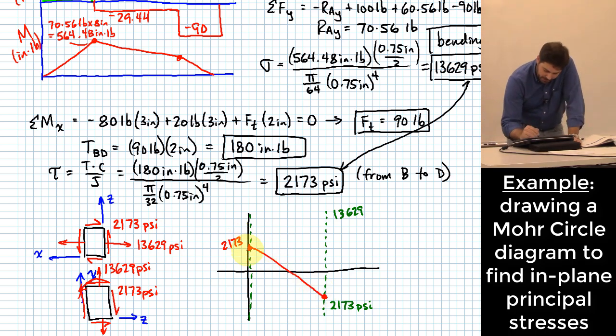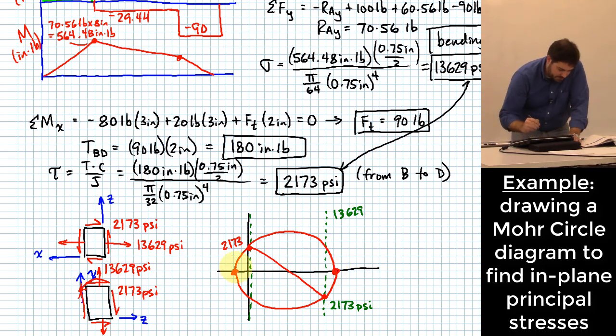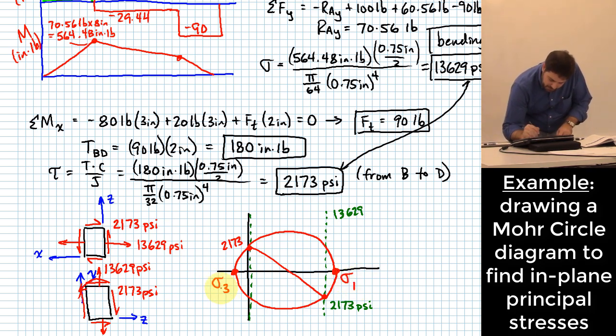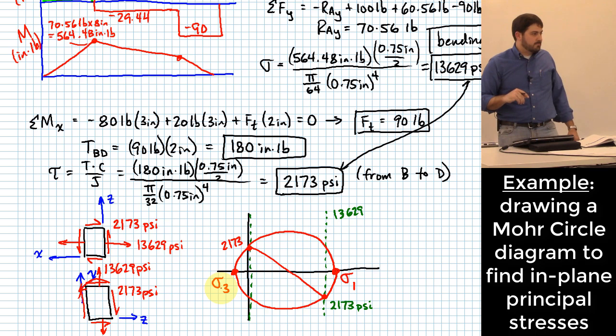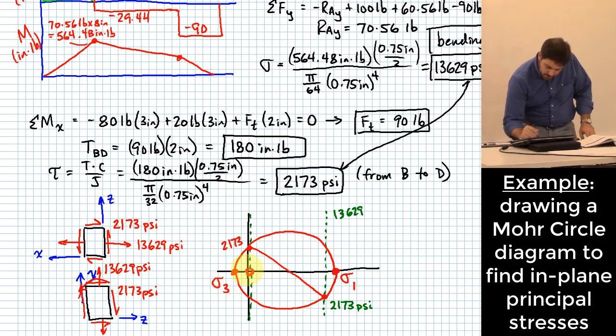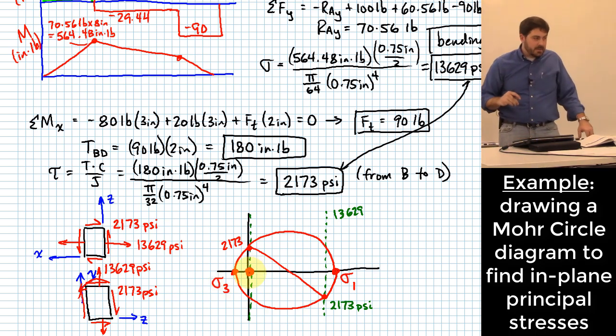And what would the circle look like? Something like this. I don't really even care for this problem what the circle looks like exactly. What do I care about? Maybe my principal stresses. And I would say this one's going to be sigma 1 and this one's going to be sigma 3. Because it's plane stress acting on that little patch, sigma 2 is 0.